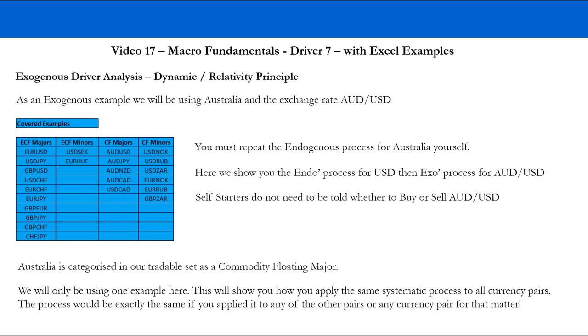You cannot buy another currency without selling one first. So the way you have to view this is as one asset, whether you buy it or sell it. And you do that through comparing the two countries and the macroeconomics exogenously, so comparing them relative to each other. And the dynamic relativity principle is essentially comparing the macroeconomics and then deciding whether to buy or sell this as one single asset.